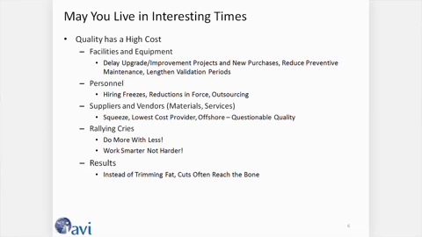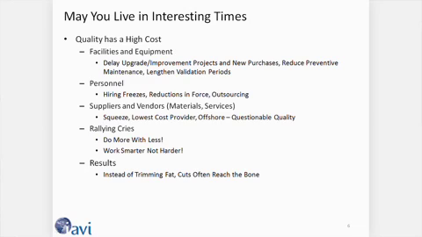And we talk about quality having a high cost, and so really what do a lot of management teams do in response to this? So with regards to facilities and equipment, they delay upgrades and improvement projects, they delay new purchases, they reduce preventive maintenance, they lengthen validation periods, they have hiring freezes for personnel, they stop training, they reduce headcount through reductions in force, they lay people off, they outsource to places that you might not be sure of the quality of what they're doing.